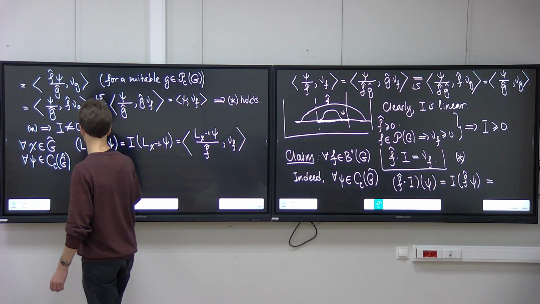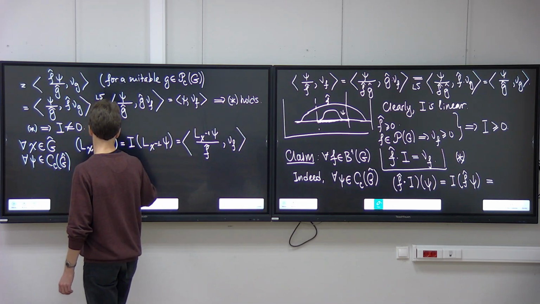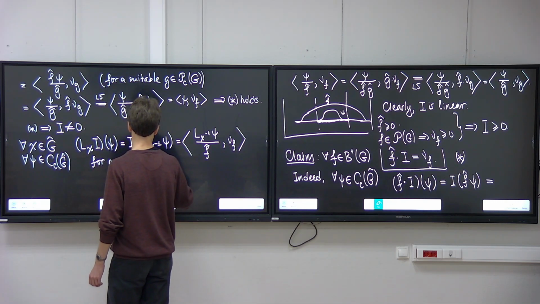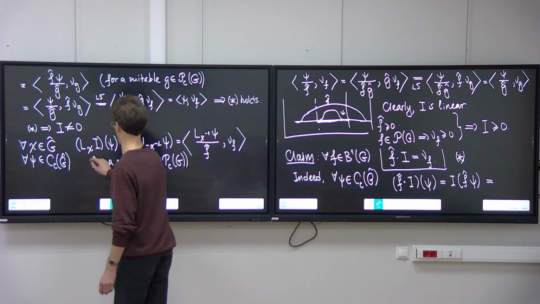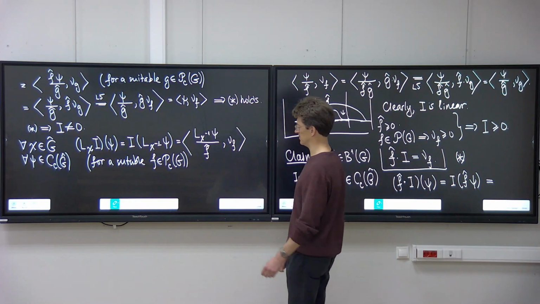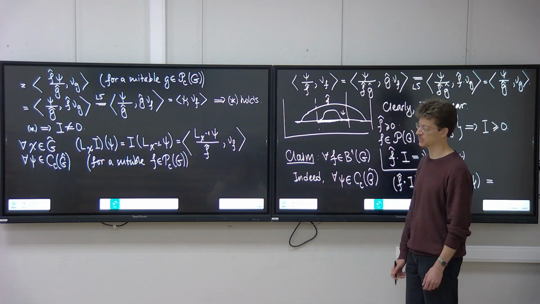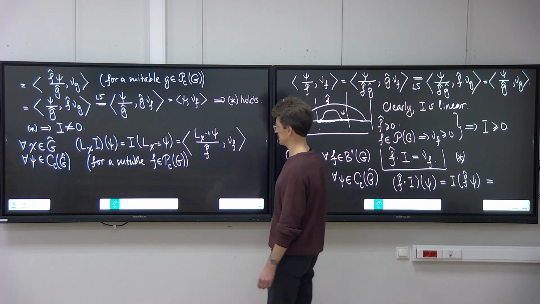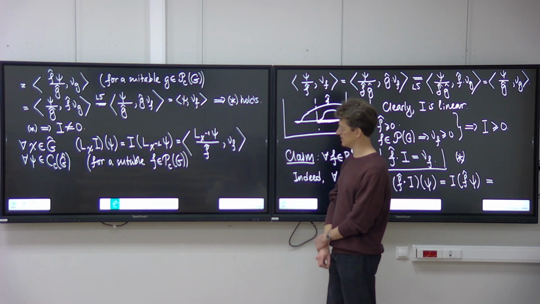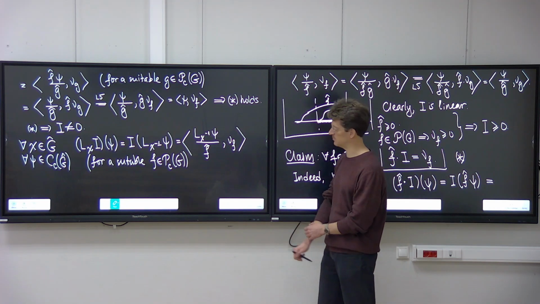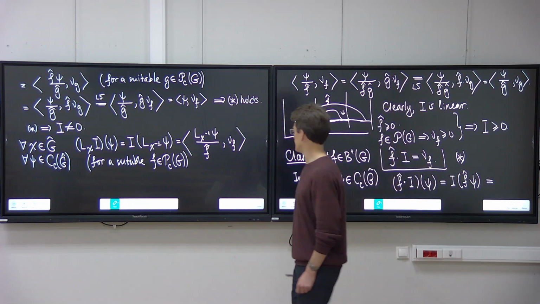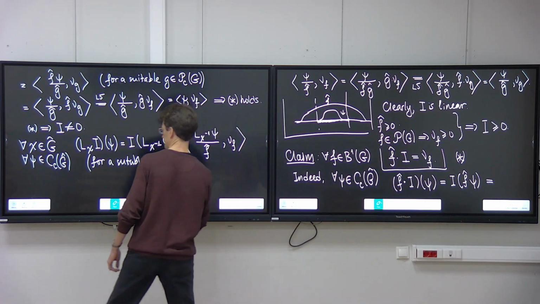For a suitable positive definite compactly supported function f on G. So we choose f in such a way that its Fourier transform is strictly positive on a large compact set. Actually, we choose this compact set in such a way that it covers the support of psi and the support of this translated psi. So what is this?